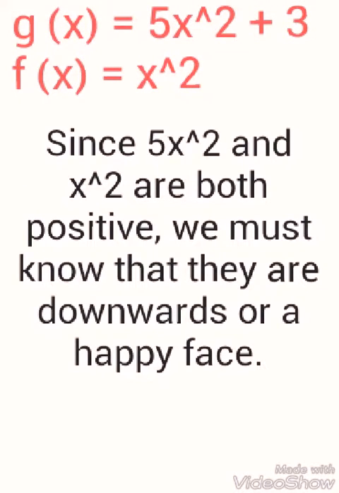Second, since we can see that 5x to the second power and x to the second power are both positive, then we must know that the parabola is going to open upward, a happy face like this.